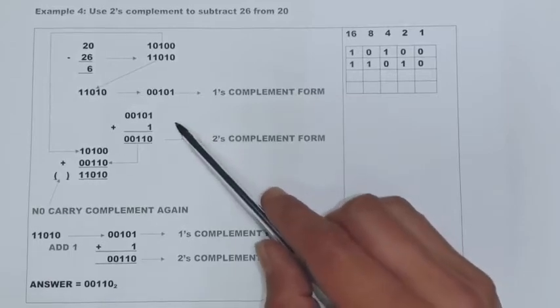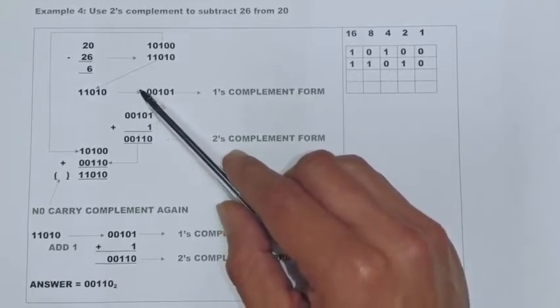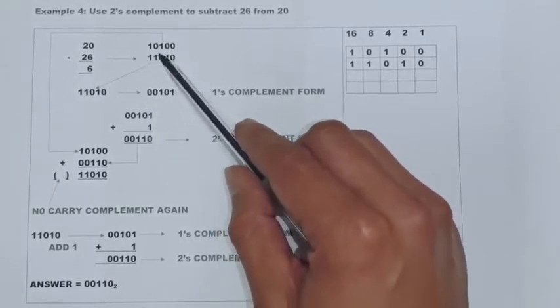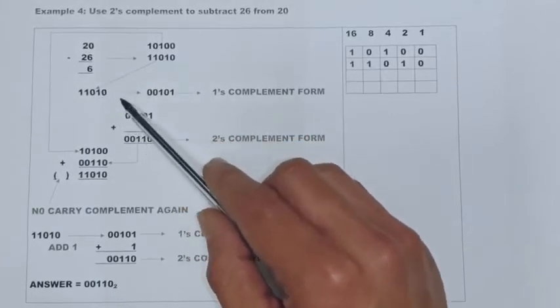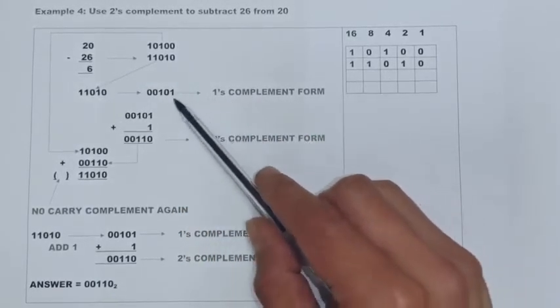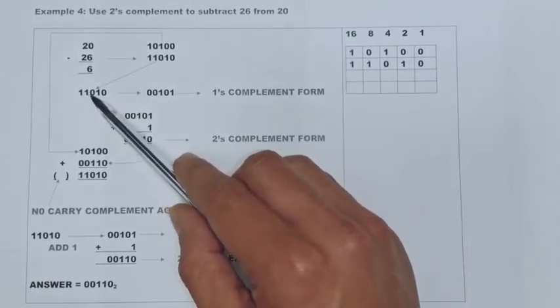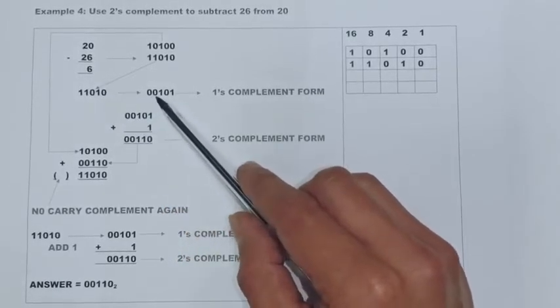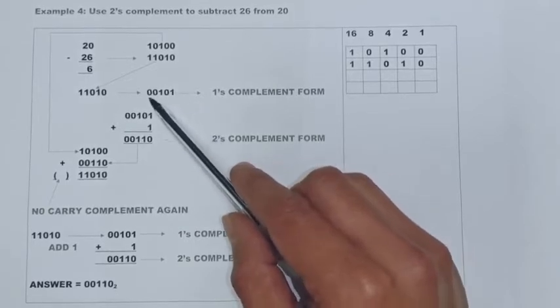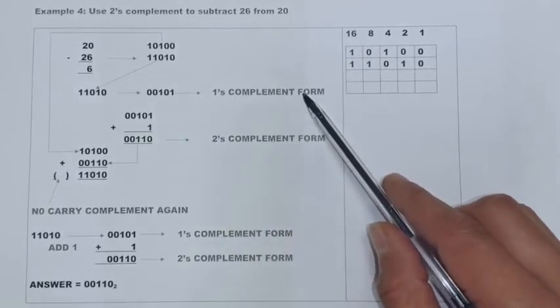Right. So the next thing that you will be doing is take the binary equivalent for 26 and get the ones complement for that specific binary number. And the ones complement for 11010 will be 00101, and that will be in its ones complement form.